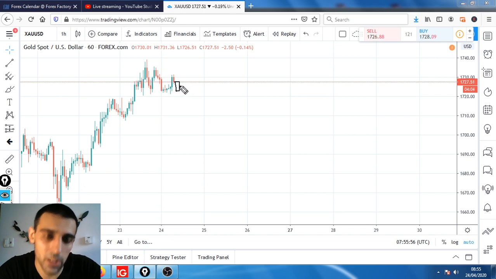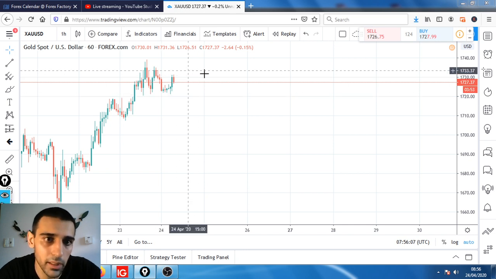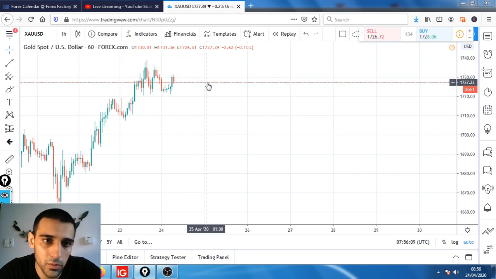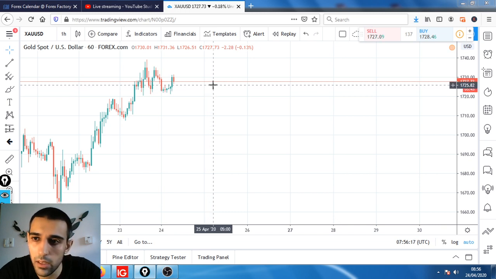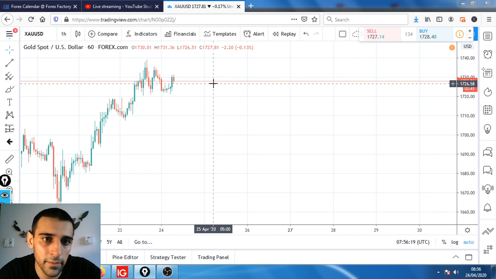Let's imagine the price comes down to this area and shows more strength towards the downside. Then I might be looking for the retracement. So let's say the candle comes down at 17.23 and then retracement to 25, maybe about 26.